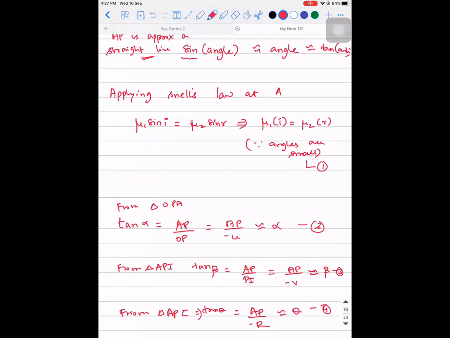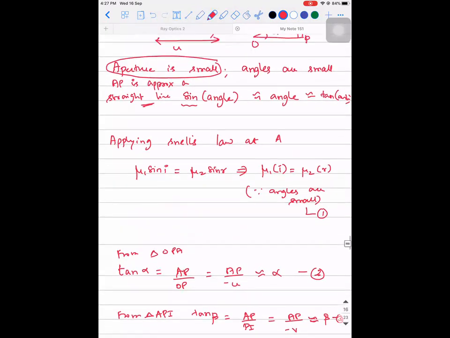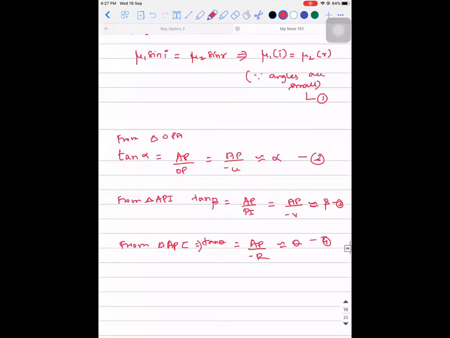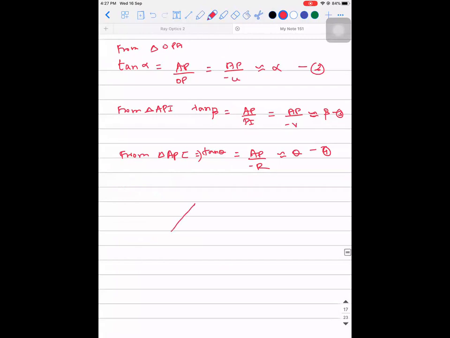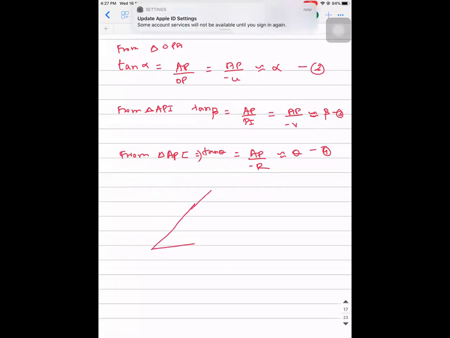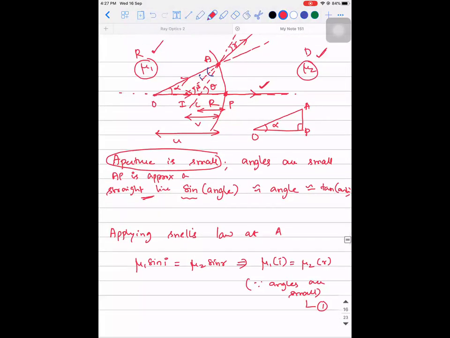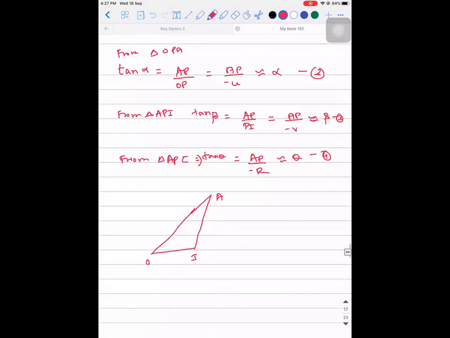Shall I proceed? Yes, sir. Now see, I'm going to consider certain triangles. If I take triangle OIA, the line OA is making an angle alpha with the x-axis. So this angle is alpha. If I project it, this will be beta.